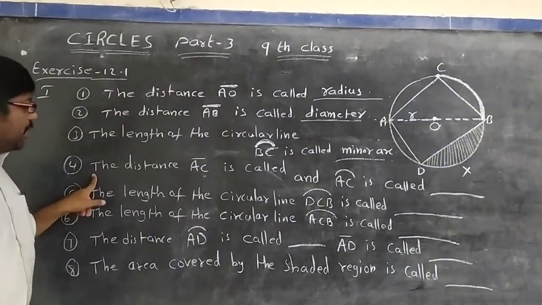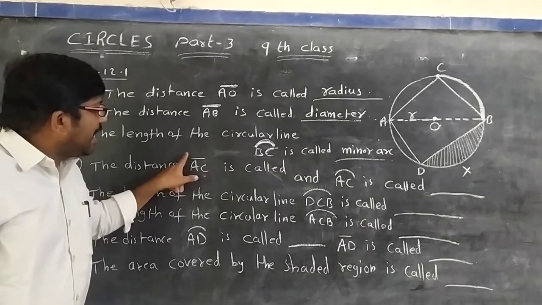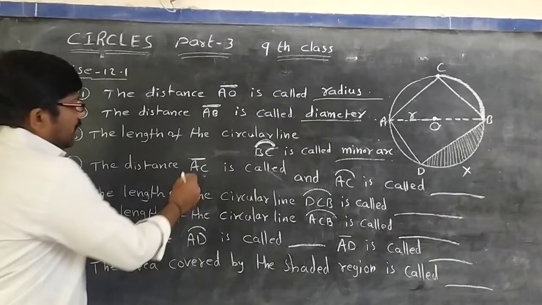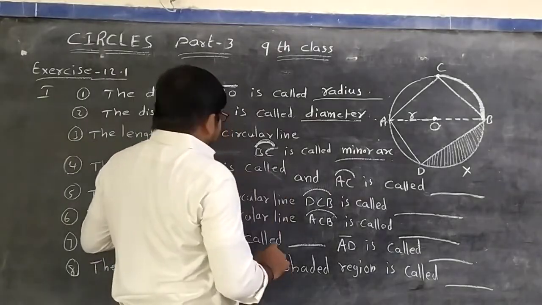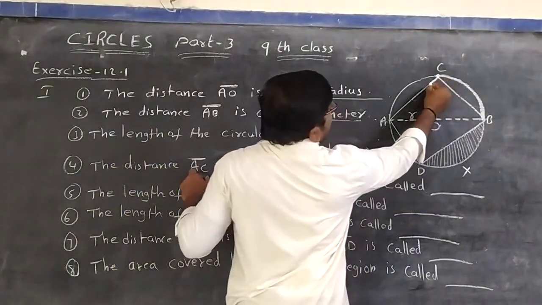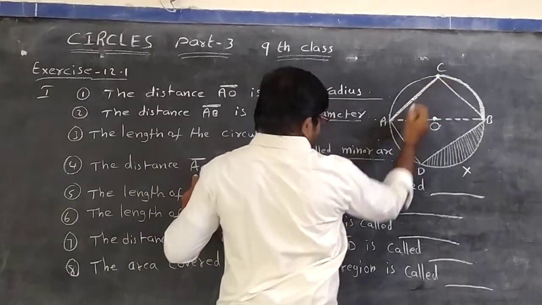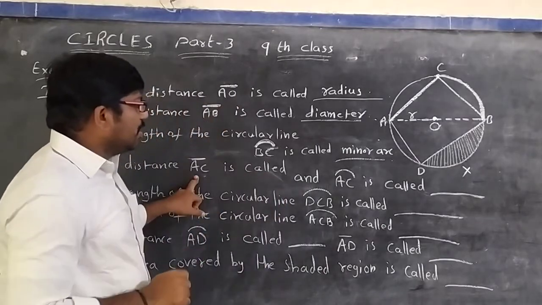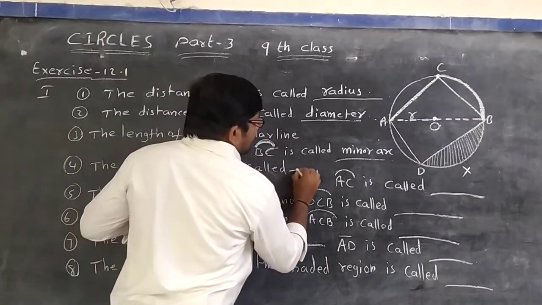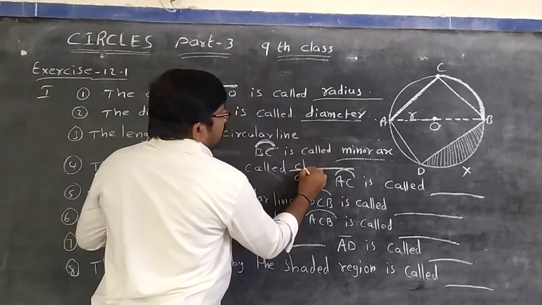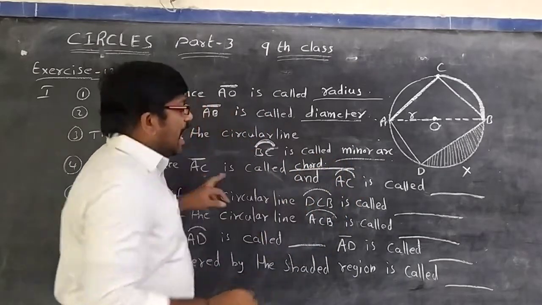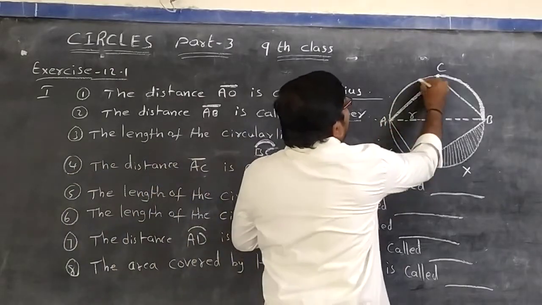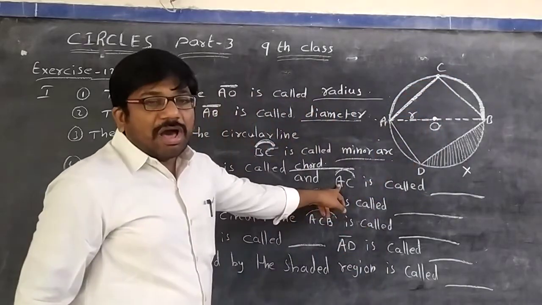And the next, fourth bit: the distance AC line segment. Observe carefully, this is a line segment, not a curved line. AC line segment is called a chord. And the AC circular length is called a minor arc.